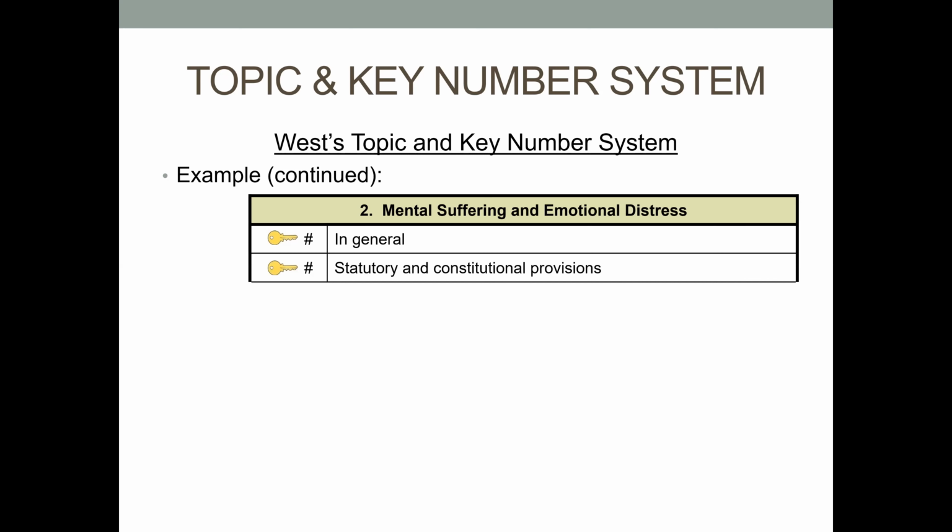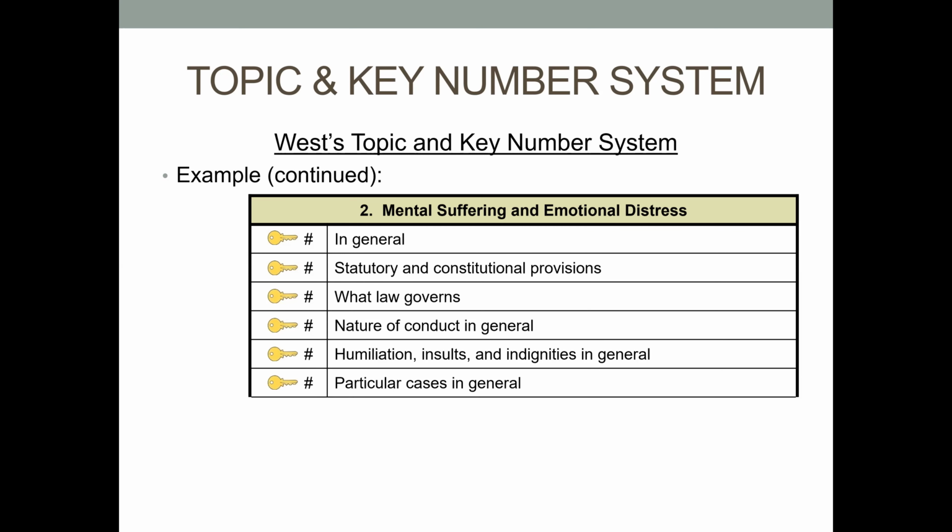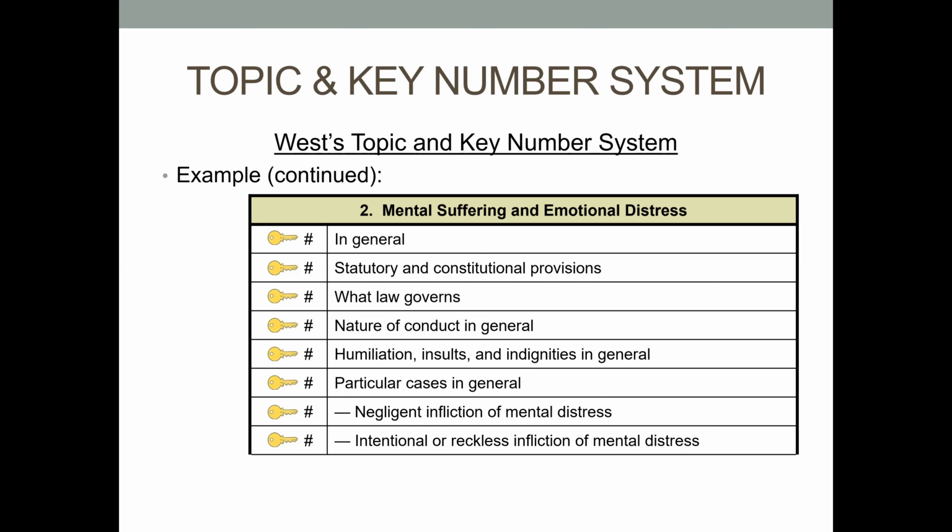And so there are multiple tiny subtopics under this narrow legal concept of mental suffering and emotional distress. And in the digest's table of contents, you would see that there will be a key symbol to the left of each one of these subtopics.